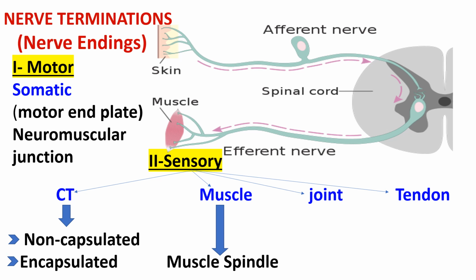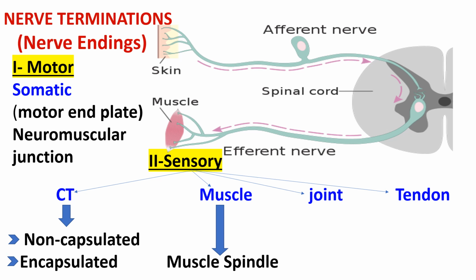We have sensory endings in connective tissue and sensory endings in muscle. In connective tissue, we are going to mention capsulated and non-capsulated. If they have capsule, they are capsulated. If they do not have capsule, they are non-capsulated.